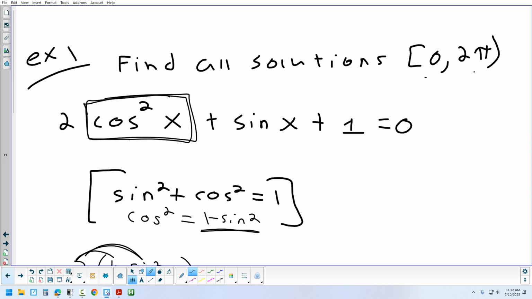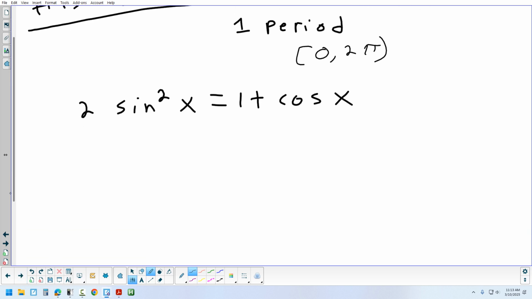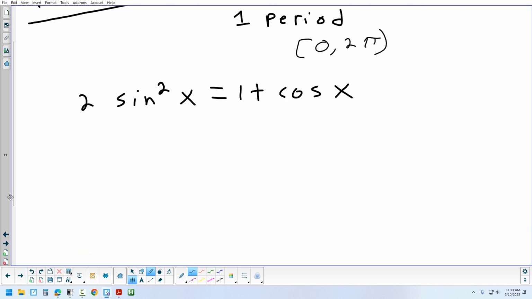It's not equal to 0. So let's make it equal to 0. What could we do to make it equal to 0? We could subtract the right side. There's 2 things to subtract. Or we could just subtract the left side. There's only 1 thing.